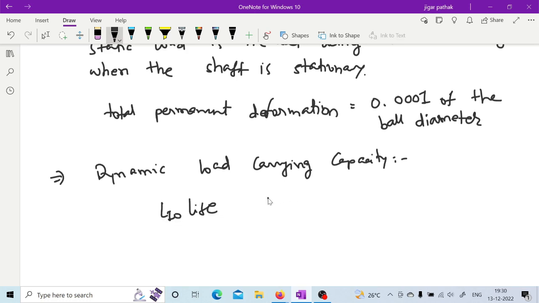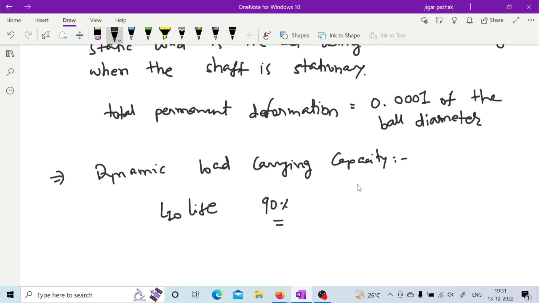It is basically the life where 90% of the ball bearings are able to complete that number of revolutions without the first evidence of any crack in it. So this is how we have the dynamic load carrying capacity.